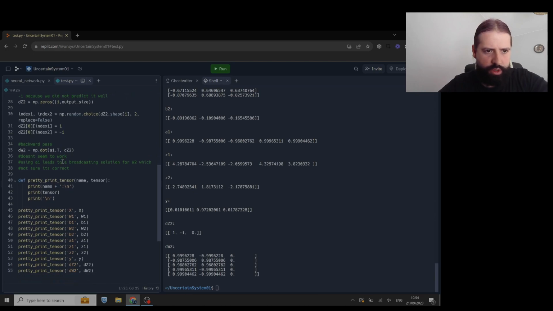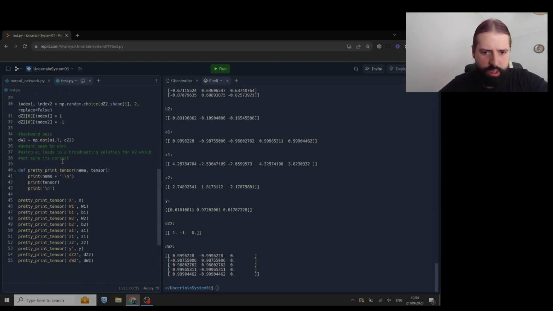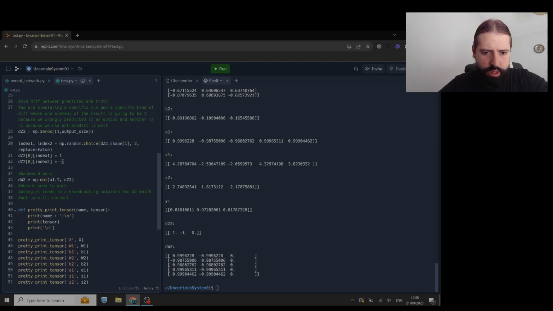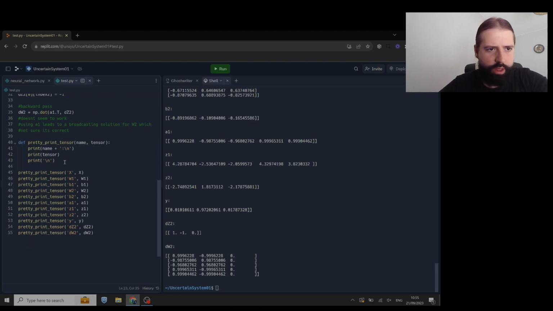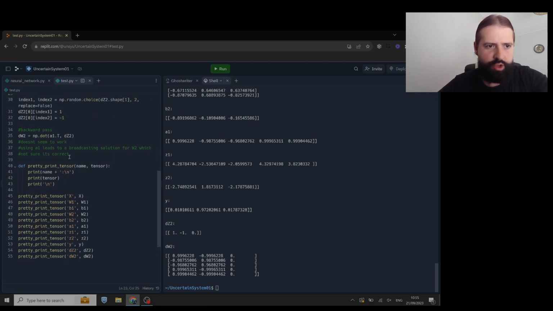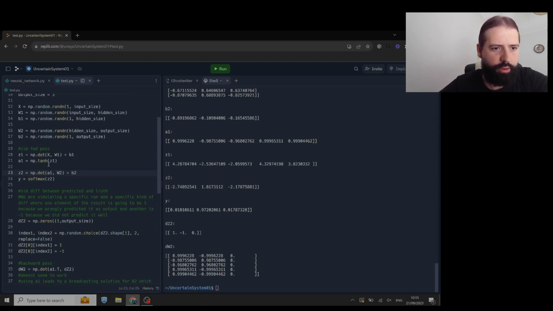My suggestion would then be here, and then I want to test these changes by running again, simulating another forward pass.